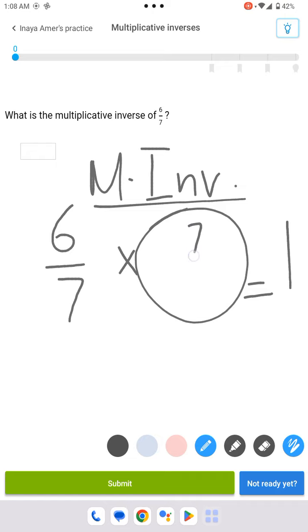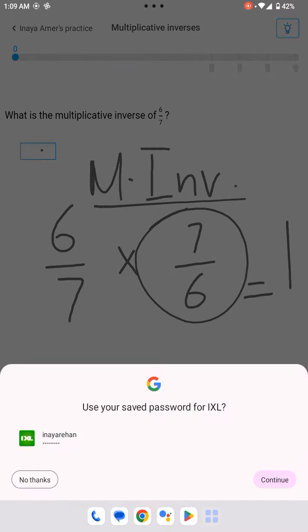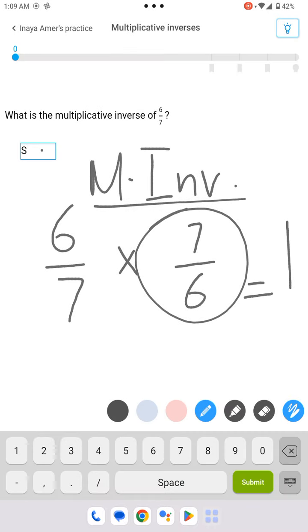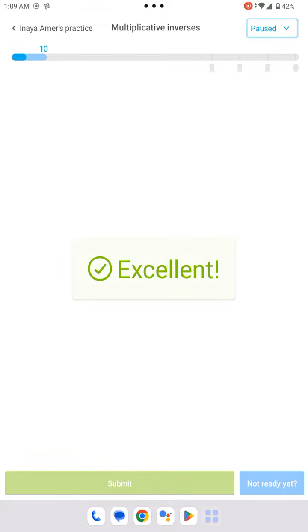So it would be 7 over 6. The key is just to flip it upside down. So you would write 7 over 6, and your answer would be right. Okay, that's the point. So this is a tool.